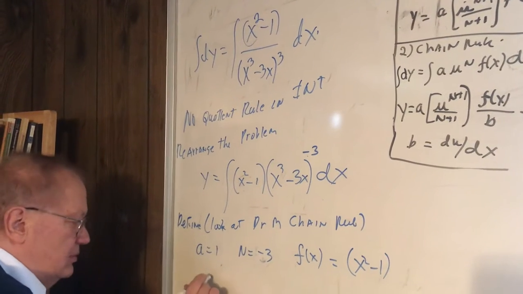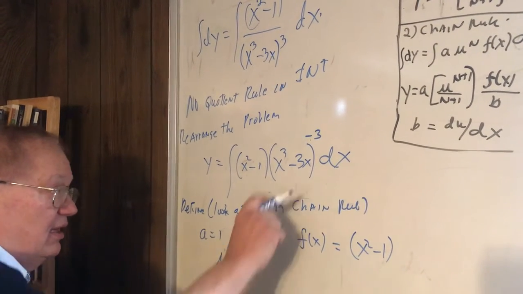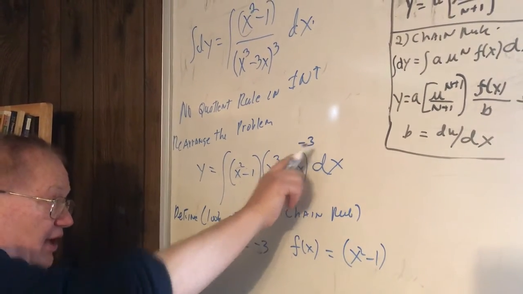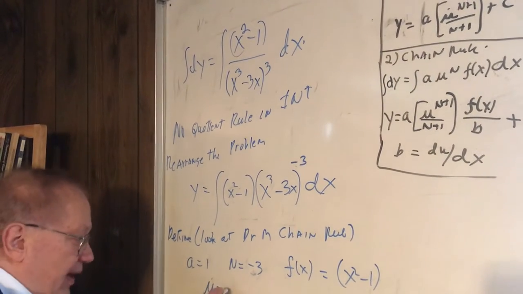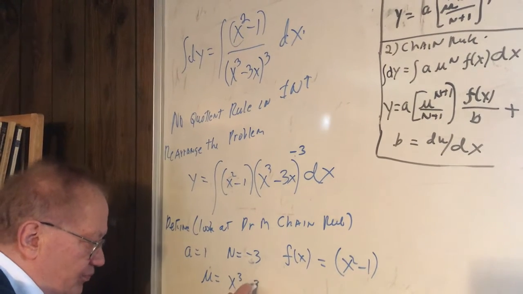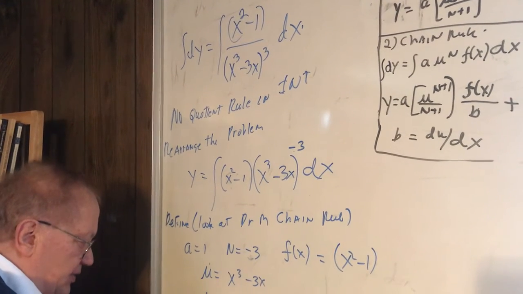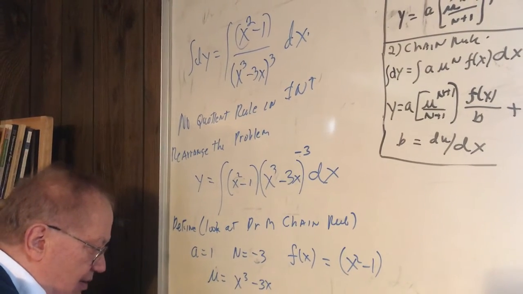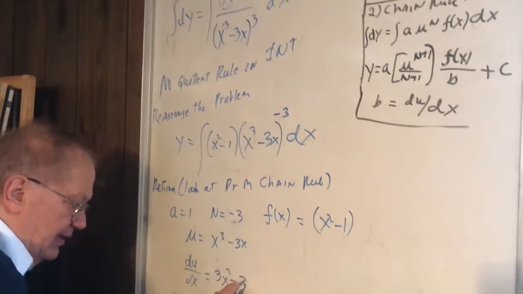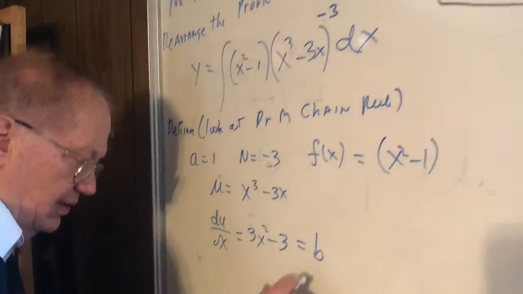I need u. That's going to be the binomial under the power, not 1, so x third minus 3x. I'm going to need du dx, which is 3x squared minus 3, and that equals b.